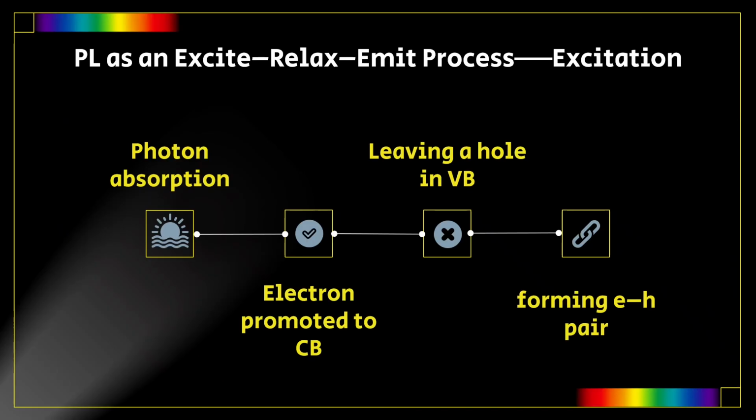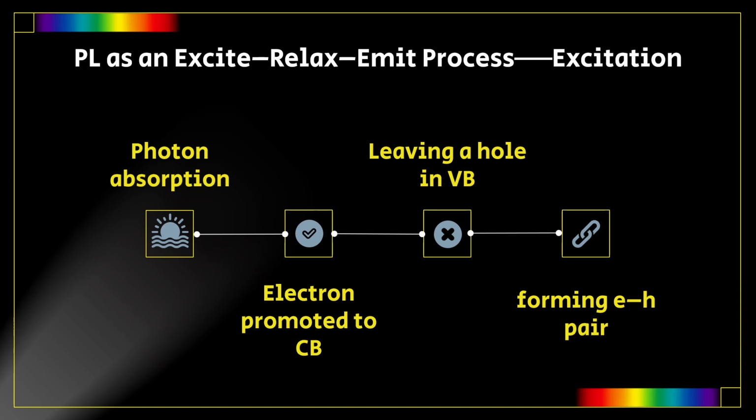As mentioned before, the PL process consists of three steps: excitation by light, relaxation of the excited carriers, and finally radiative recombination that produces detectable PL photons. The first is excitation.